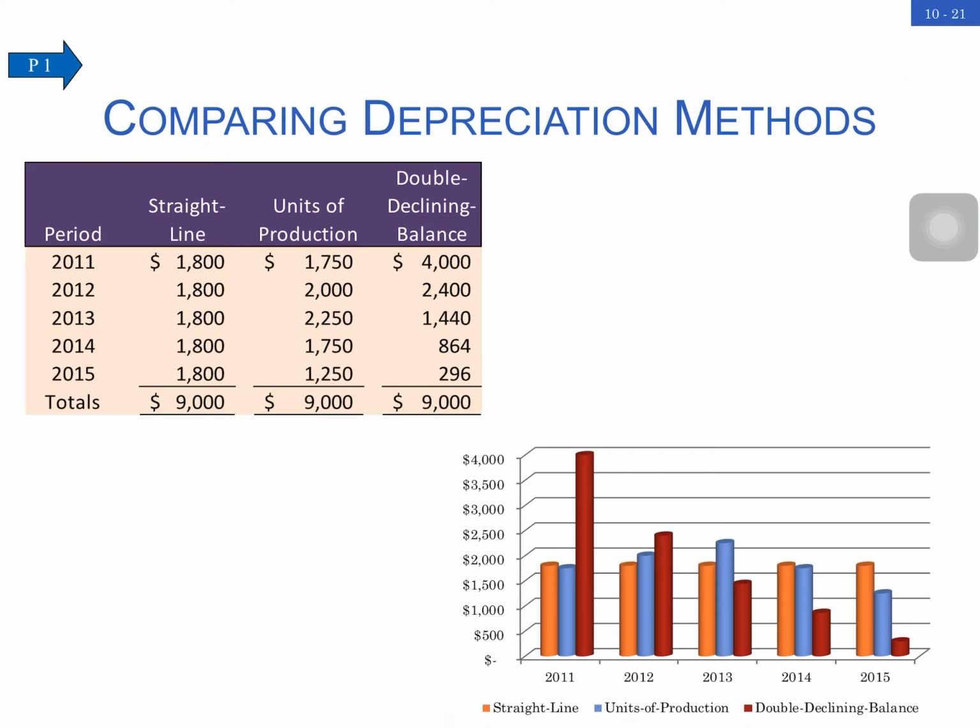Okay, this is just a comparison of the depreciation methods. This is straight line, units of production, and double declining. For the straight line method, the depreciation expense is always the same from year 1 until the final year. But for the units of production, it depends on your productivity. If you produce more, then the machine will be depreciated more.